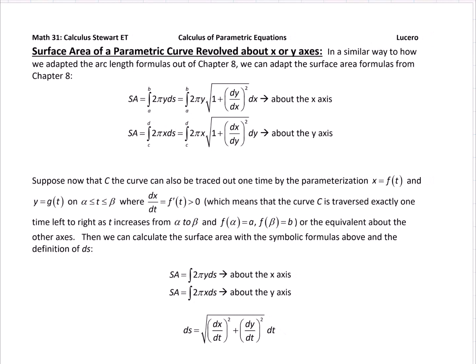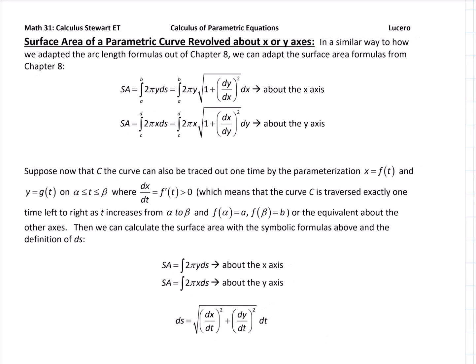If, rather than just the arc length of a curve, we wanted to revolve a curve around an x or a y axis and look at surface area, we can use the same formulas as before, as long as we have the same criteria. We have a parameterization that gets traced out one time as the parameter t increases from alpha to beta. We can use these same surface area formulas where our ds is now defined in terms of the parameterization.